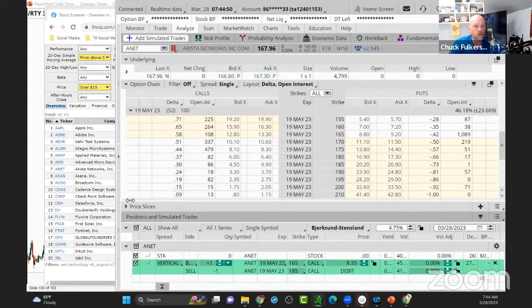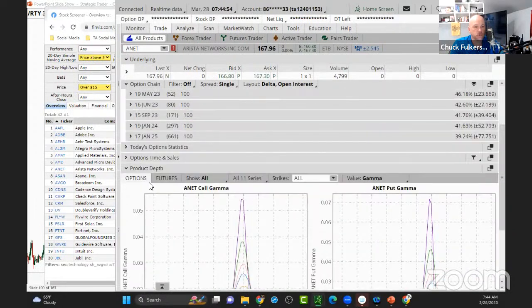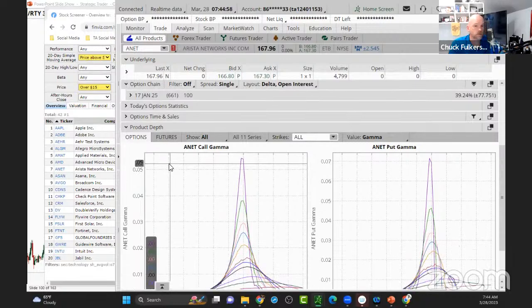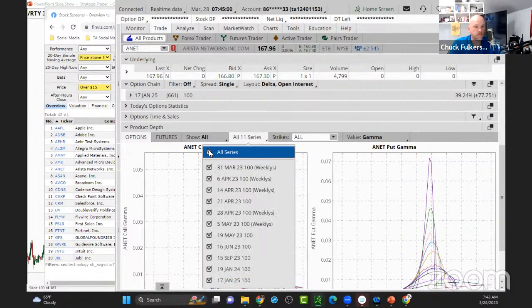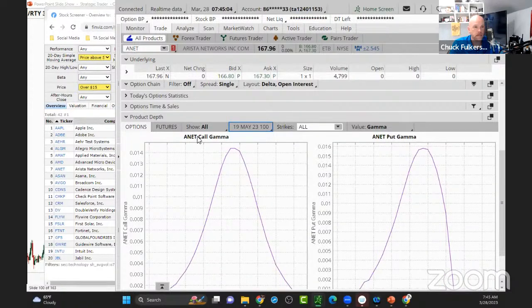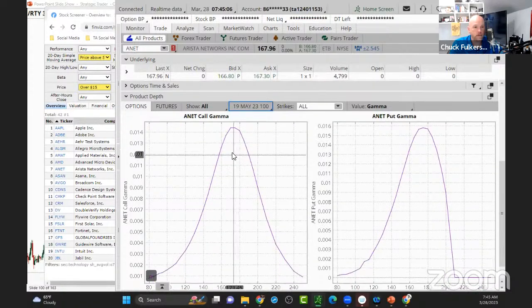If I look at ANET and I go to the product depth, this is one of the things I do like about Thinkorswim. If I only look at the May options in calls, my high point of gamma occurs at about $170 to $175 for the strike, right?